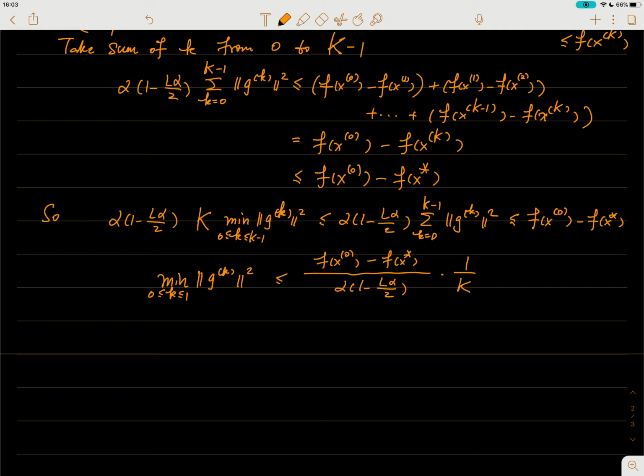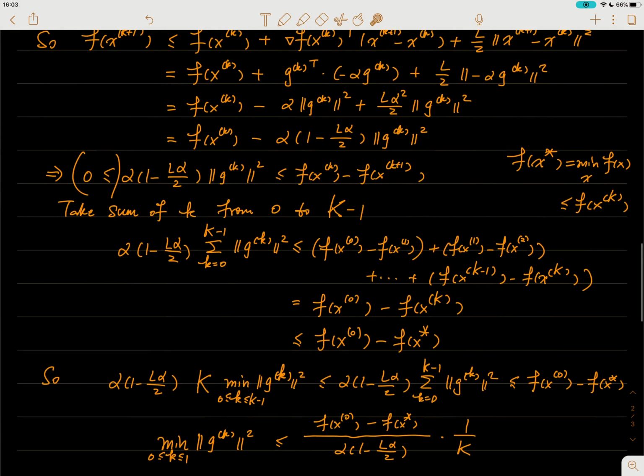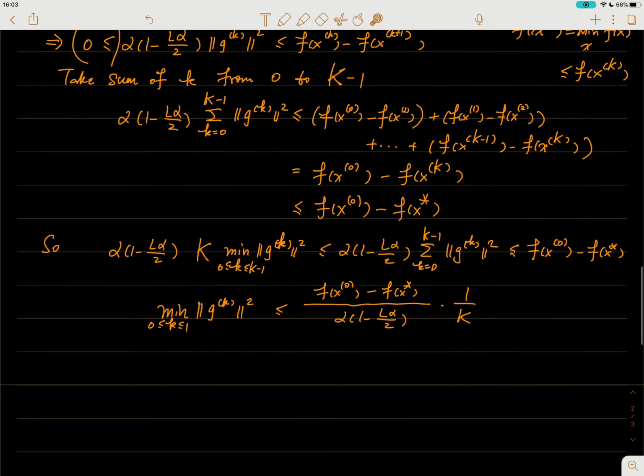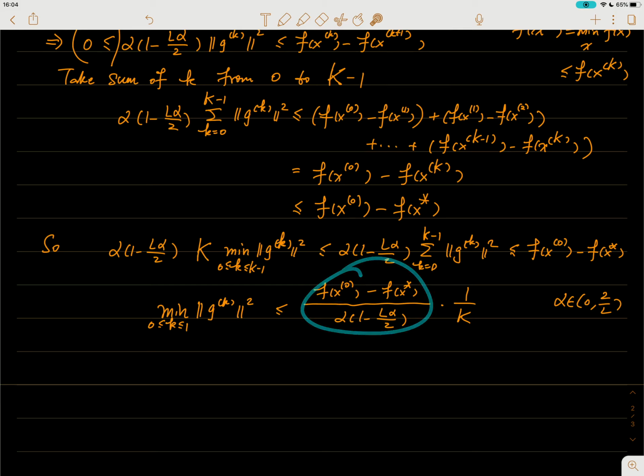The reason is, as we said, once we choose our alpha to be within our range, so alpha is between 0 and 2 over L, I know that this is a positive constant. This is some positive number, right? Because this must be bigger than or equal to this, at least. It's equal to 0 only if it's really optimal, right? It's already optimal. But this is a positive constant.